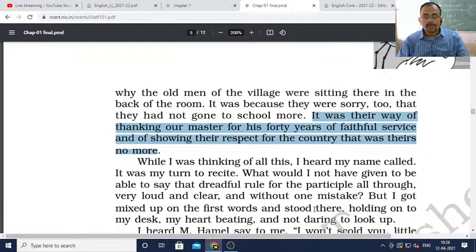These old gentlemen from the village came to pay their respect to M. Hamel, who had rendered his 40 years of faithful service to the school. So it was in honor of paying respect to M. Hamel, the French language teacher, that the elderly villagers came all the way to the school and were sitting on the back benches.